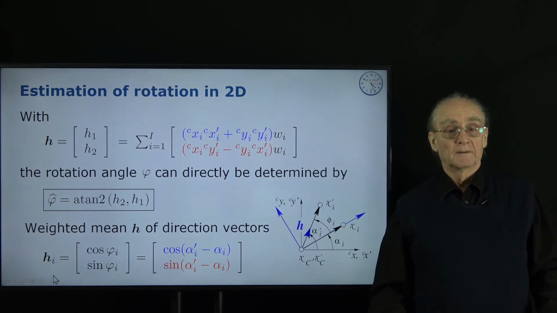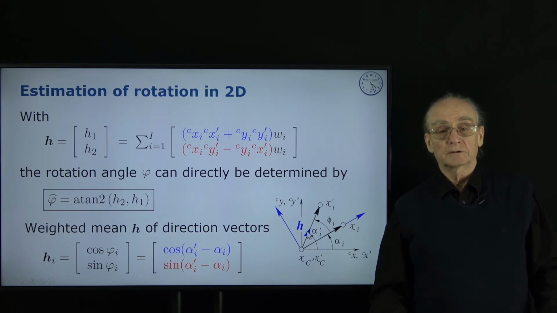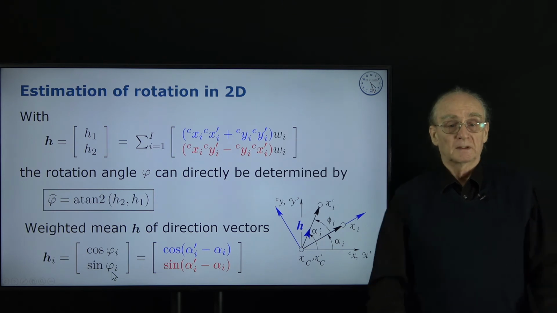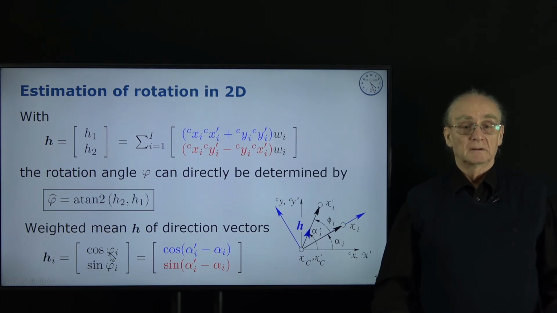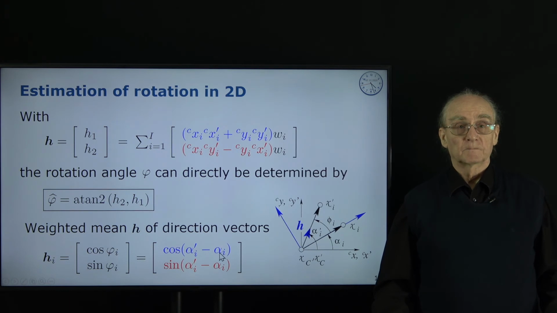Why is that so? So the hi, this vector h here, in this coordinate system with respect to the point xi is nothing else than cosine, sine phi i. And what is the angle? The rotation angle is the difference between the observed direction and the given direction. And now you see that we have here the cosine of the difference of two angles.